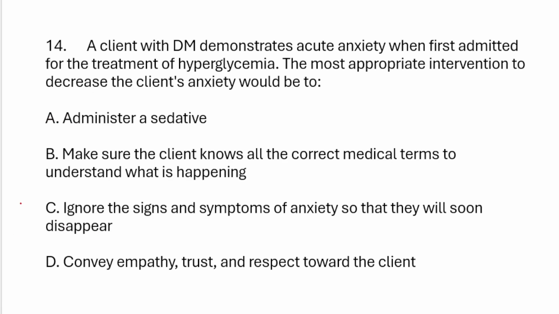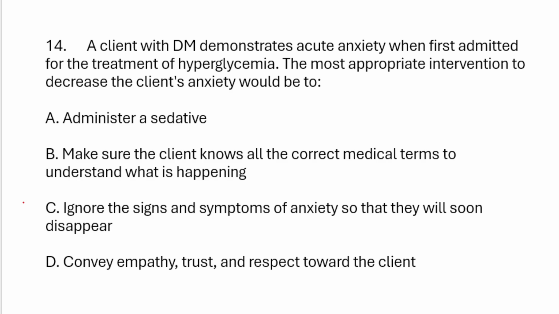Next question. A client with DM demonstrates acute anxiety when first admitted for the treatment of hyperglycemia. The most appropriate intervention to decrease the client's anxiety would be? The diabetic patient is admitted to the hospital for treatment of hyperglycemia. He has hyperglycemia, and at the same time he is also having anxiety.